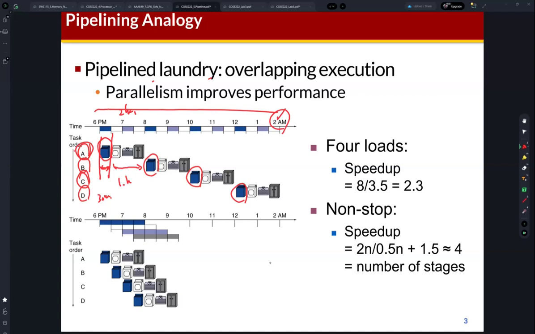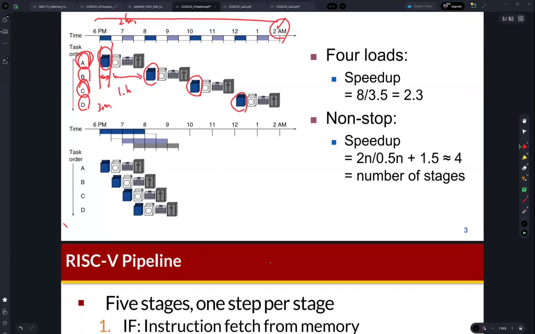This is a waste of resources, because the washing machine is used only 1/4 of the total execution time. So how can we avoid this situation? We can apply the pipeline.